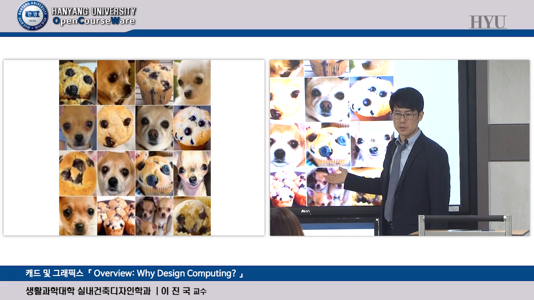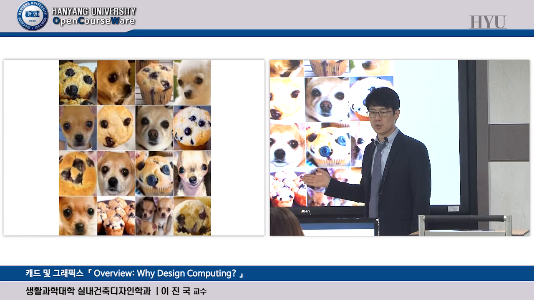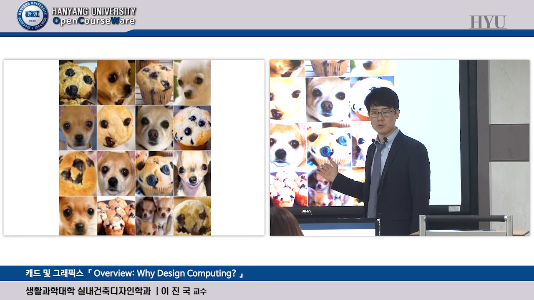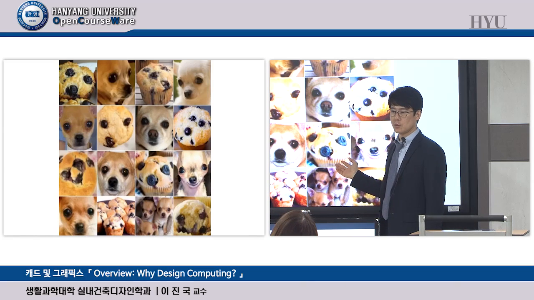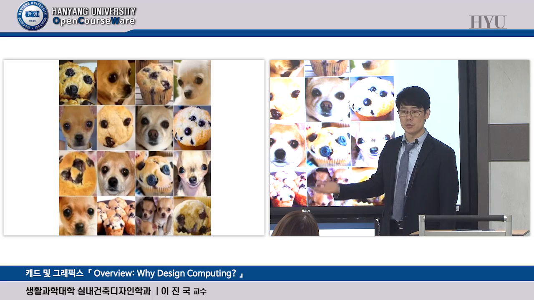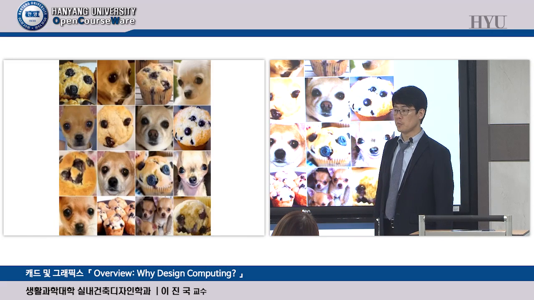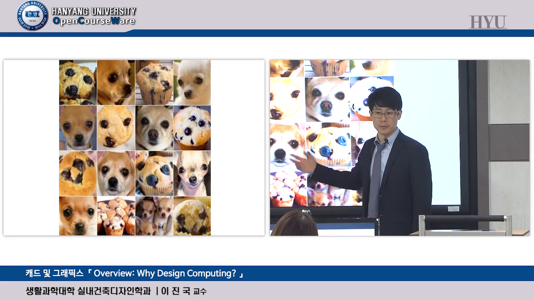So how about computers? Nowadays, can computers distinguish those pictures? Have you searched by Google image search using a specific keyword? For example, muffin.